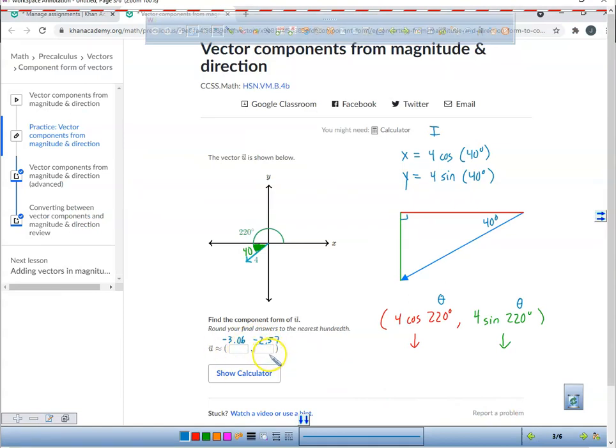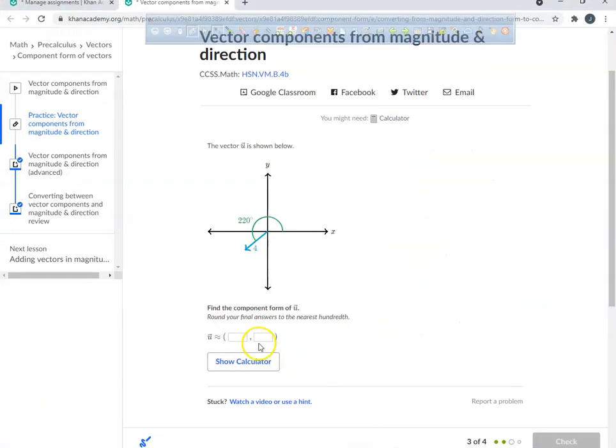You're going to need these components when you need to add things together later. When we start adding multiple components together, you got to know how to get your components quickly so you can add them together to get your new results. All right? So negative 3.06 and negative 2.57. I think I got it.